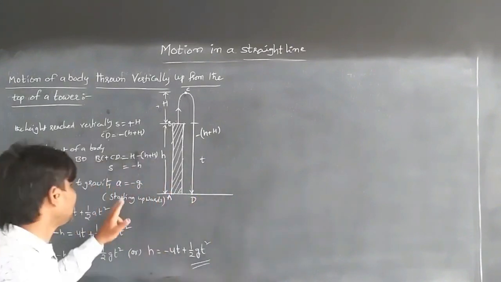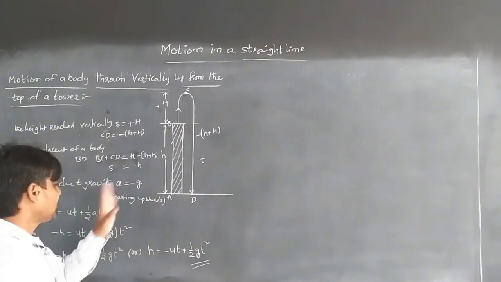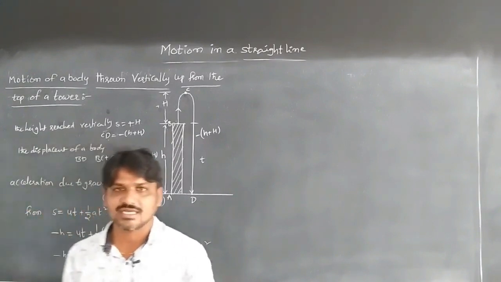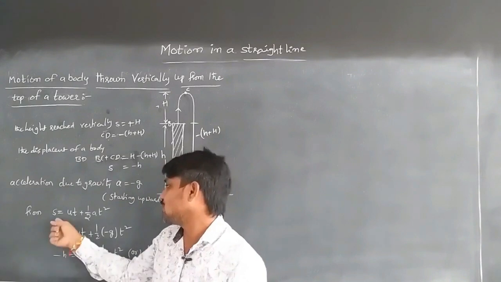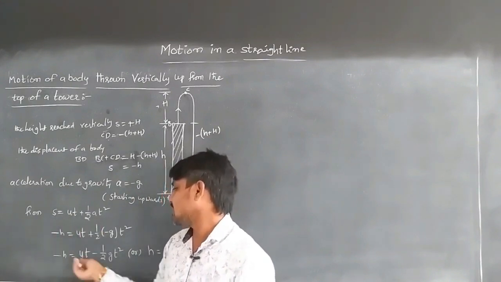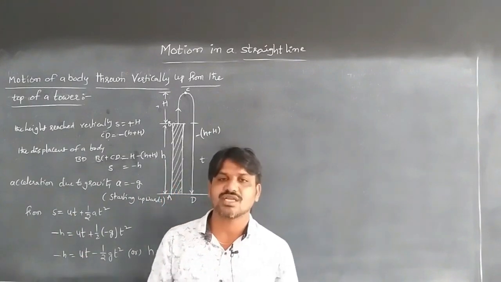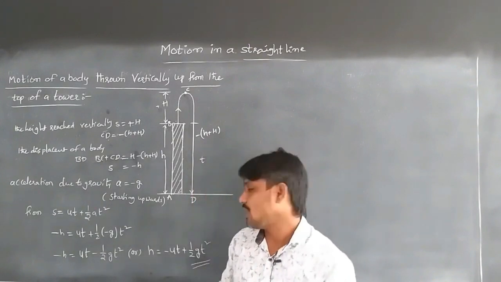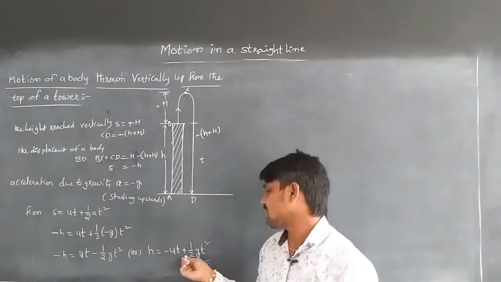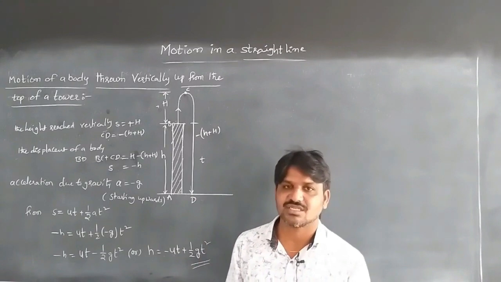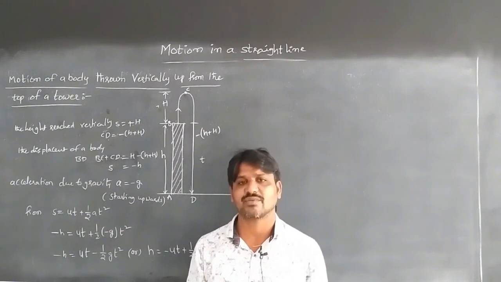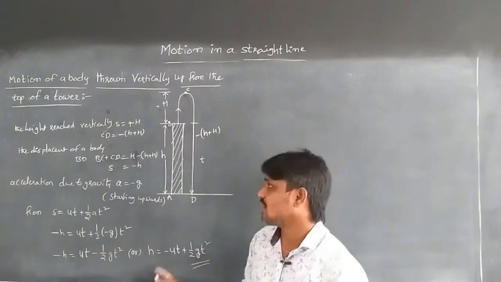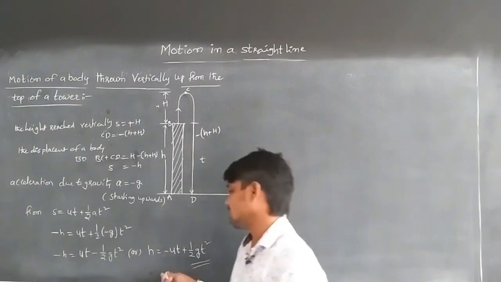From these values we substitute in the second equation of motion, s is equal to ut plus half at square. We get minus h is equal to ut minus half gt square, or h is equal to minus ut plus half gt square. By using this equation we can find out the height at which the body was projected from the top of a tower or at some height.